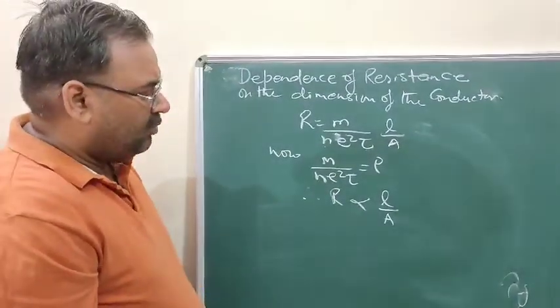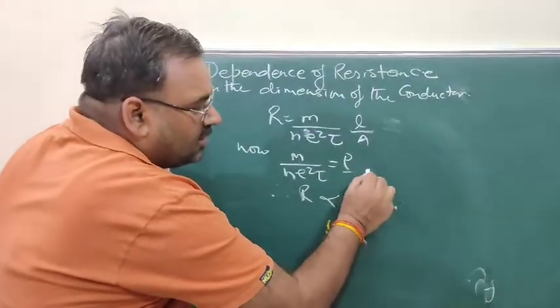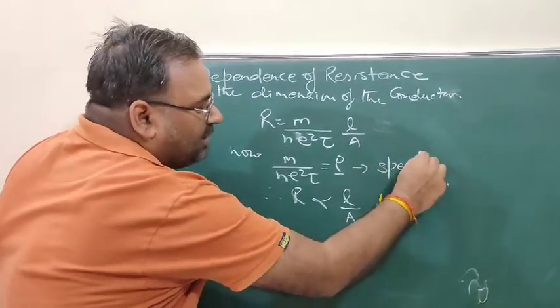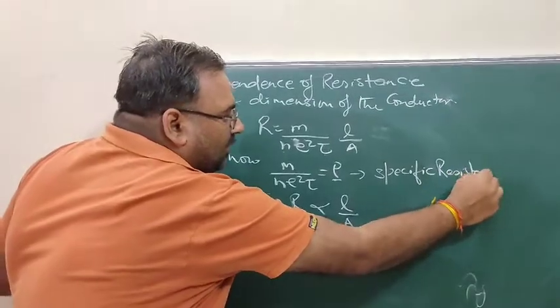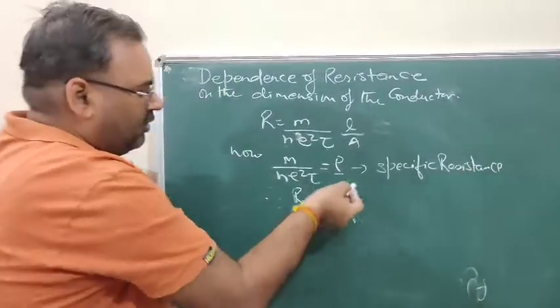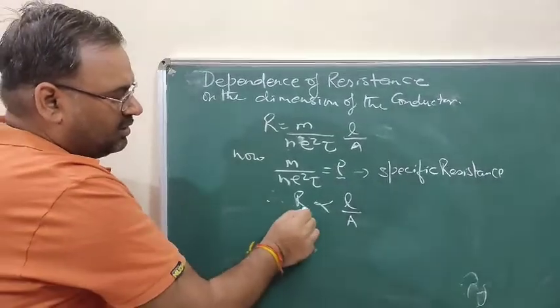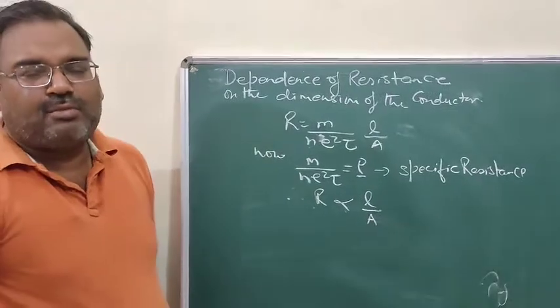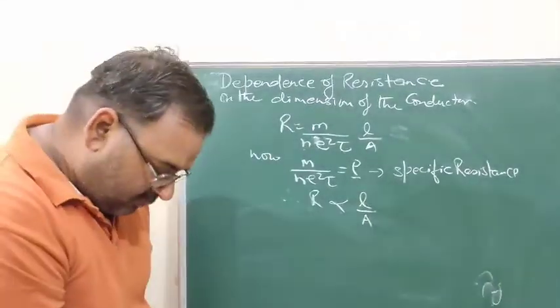So m upon n e square tau is represented by rho, which is the specific resistance, and it depends upon the material. So instead of all these we put rho. Now what do we get? R is directly proportional to L upon A. That means resistance is directly proportional to length and inversely proportional to area of cross section.